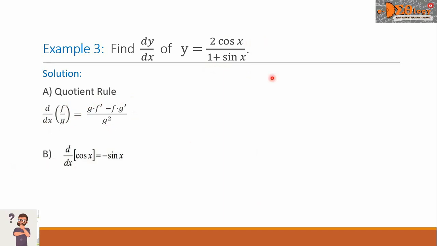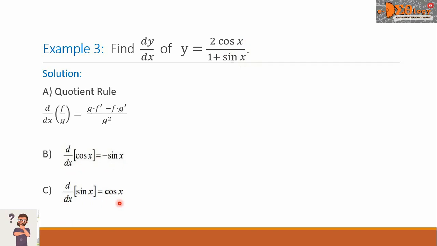Next formula is the derivative of cosine x. So we write here d over dx of cosine x. This is equal to negative sine x. Next is the derivative of this sine x. So d over dx of sine x equals cosine x.